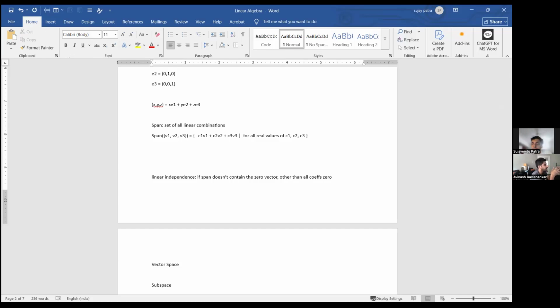So if you multiply them by some coefficients and you end up with a zero vector, that means I can take one of them to the other side and write that one as a linear combination of the rest. So v3 is some combination of v1 and v2. That means to create the span, I don't need v3. I could have done with v1 and v2 alone, because any v3 is again a combination of v1 and v2.